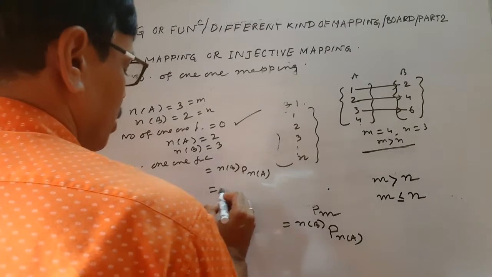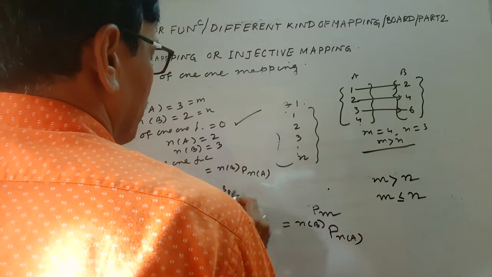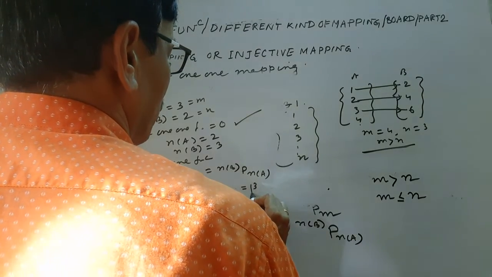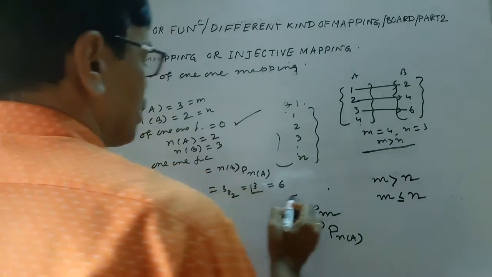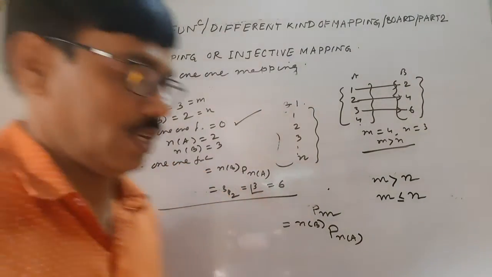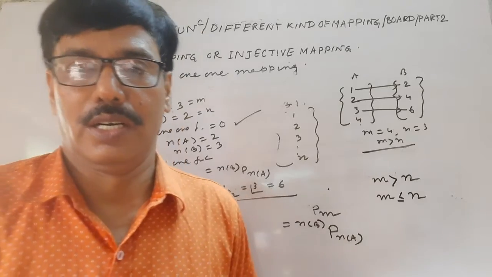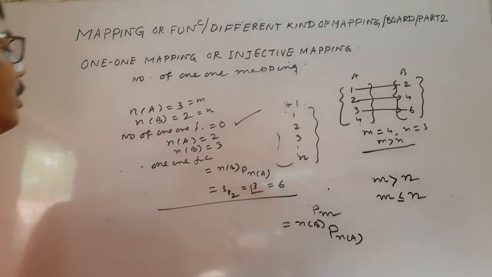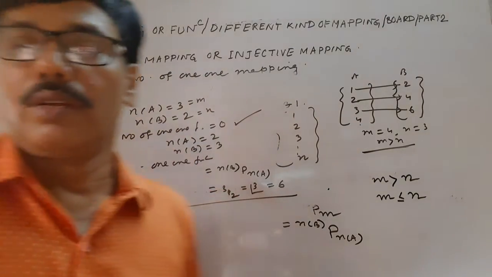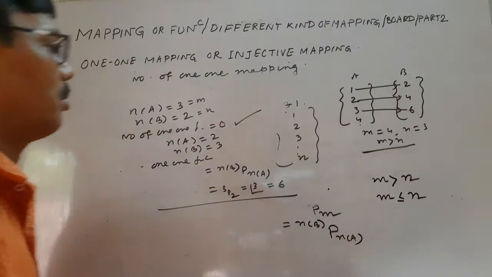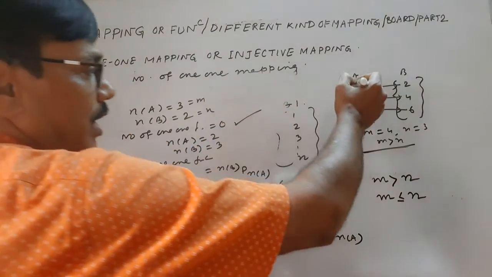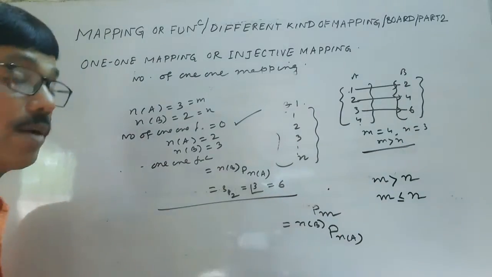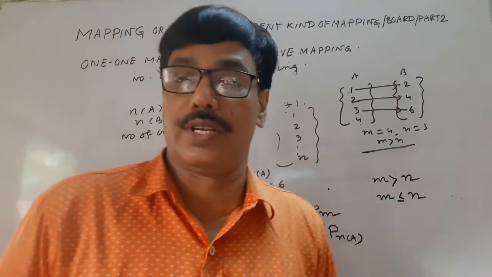So this is 3P2, so factorial 3, this is 6. So the number of 1-1 relations is 6. So clear? For different elements of A, you have different images in B.